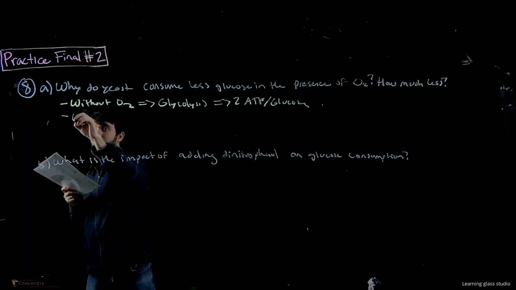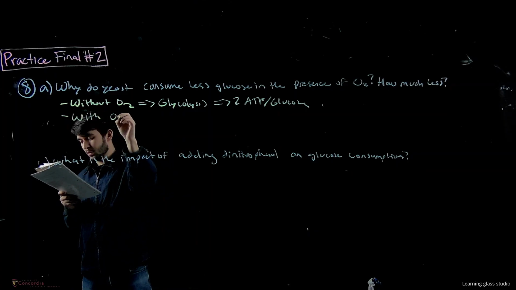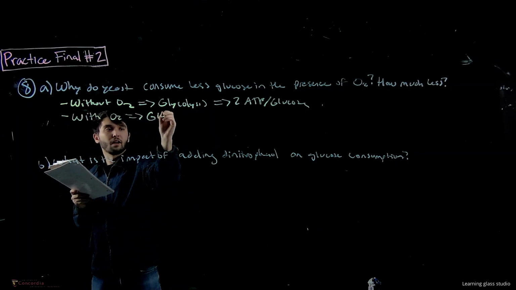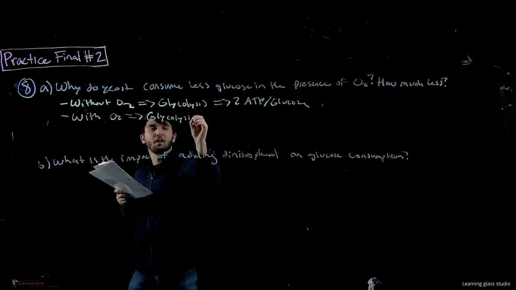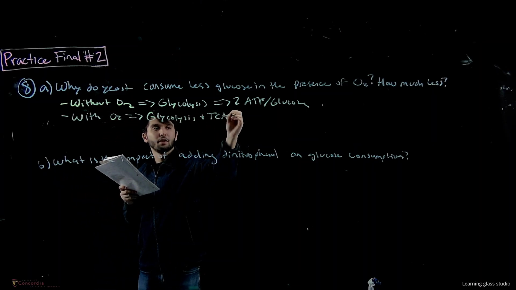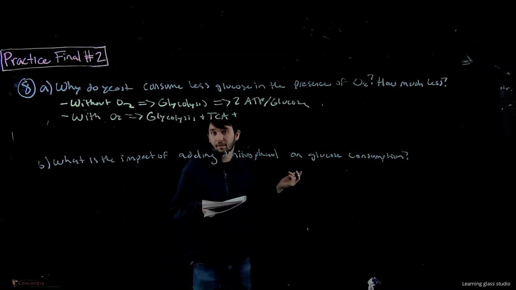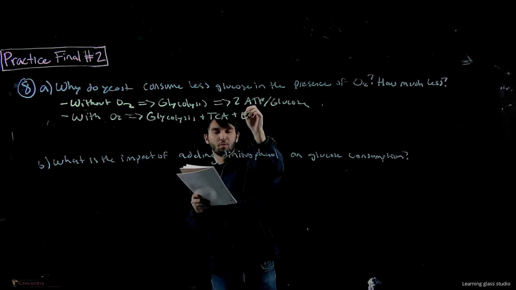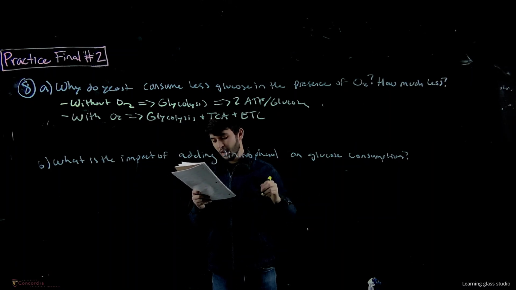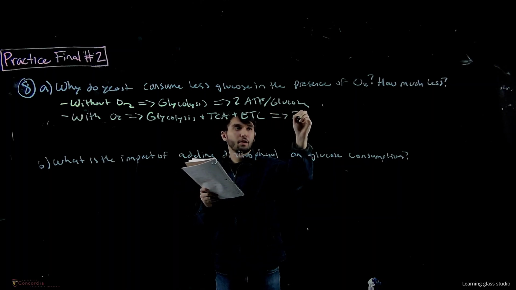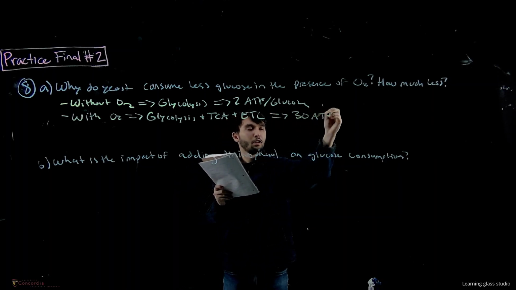With O2, we have glycolysis, but we also have the citric acid cycle, TCA, tricarboxylic acid cycle, and the electron transport chain. And this gets us 30 ATP per glucose.